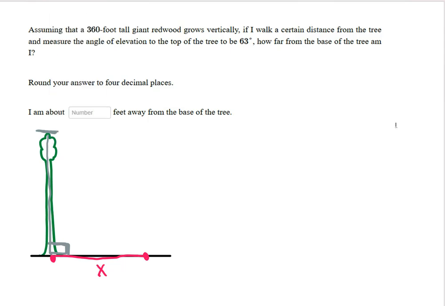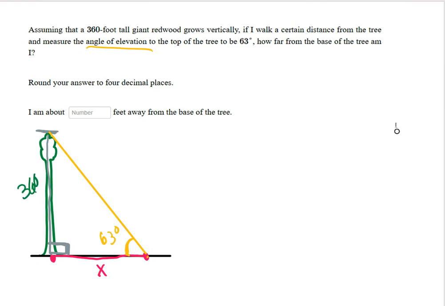to the top of the tree, angle of elevation, that means you're going to have some type of a thing. And from here to here, this is your angle of elevation, which is 63 degrees. And we know the height of the tree is 360.